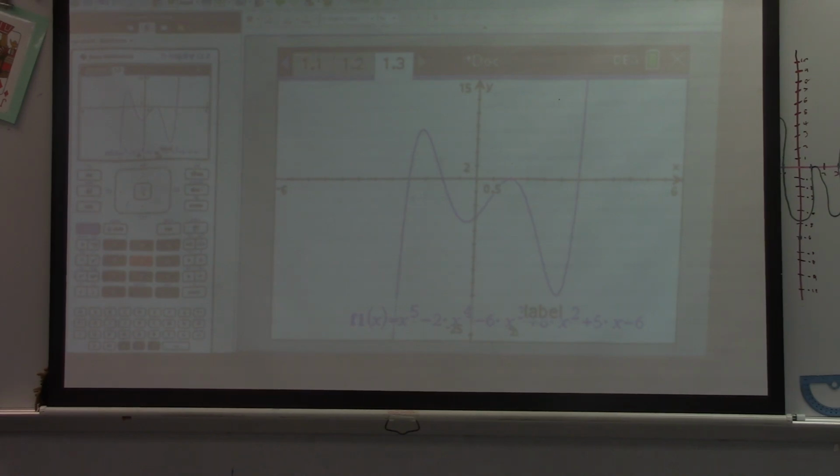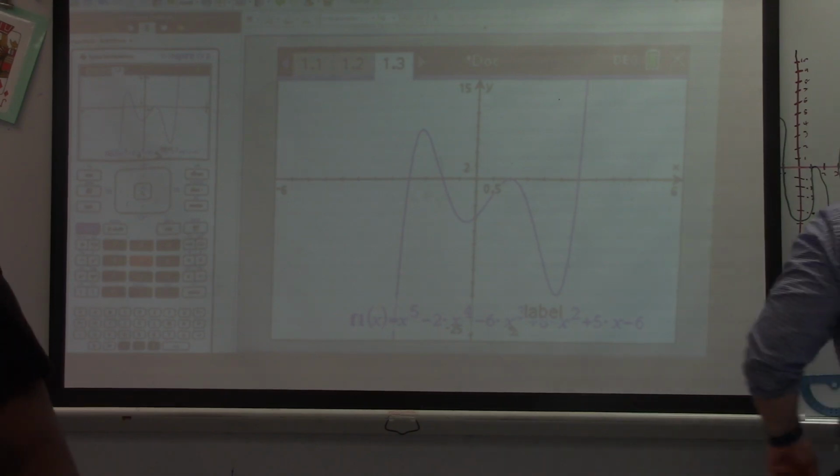Stops increasing and starts to what? Decrease. We should hopefully already have this in our notes, but if you don't, we need to make sure this is very, very, very clear. It is where the function stops increasing and starts to decrease.